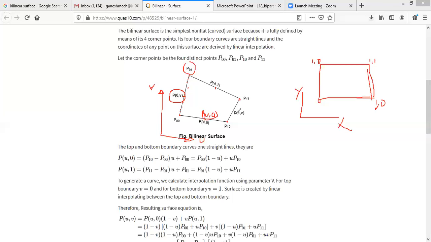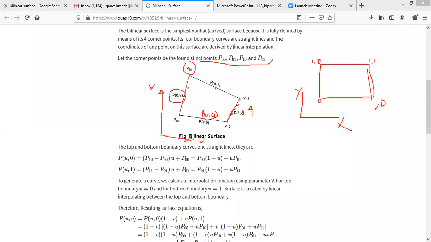Similarly, any of the points over here, again in the v direction, at the end of the unit distance, P of 1, 0 is the corner. When we start moving in this direction, anywhere on this line, it's going to be P of 1, v. And here also similarly, it's going to be P of u, 1, because it's on the fourth side. So now the corner points are distinguished by P of 0, 0, P01, P10, and P11.